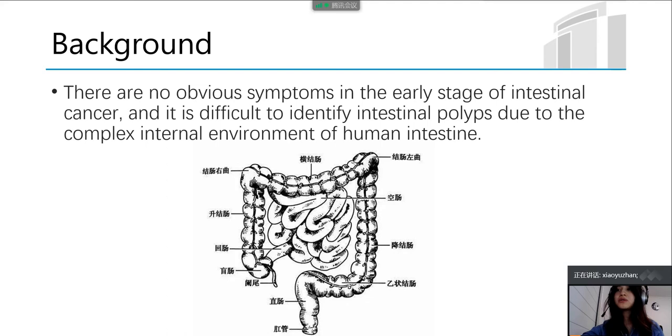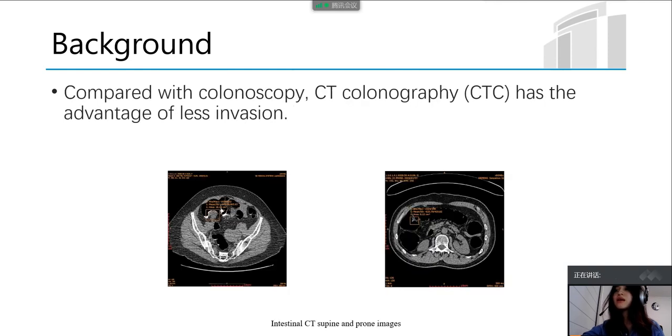The picture shows the structure of the human intestine. Doctors are likely to miss or misjudge the polyps due to a large number of folds and undulations in the large intestine structure. Compared with colonoscopy, CT colonography has the advantage of less invasion, and CTC has the same superior effect as colonoscopy.